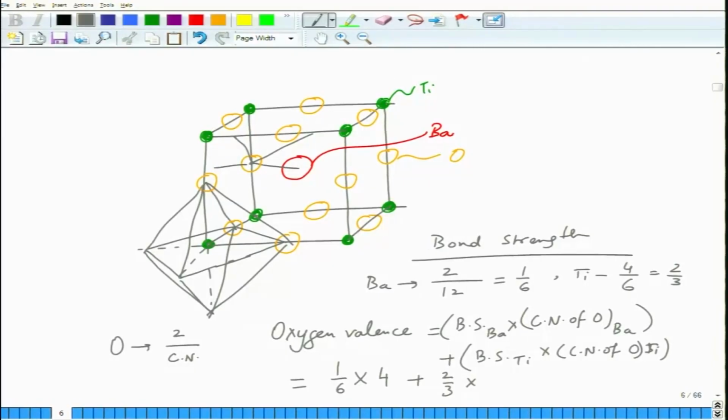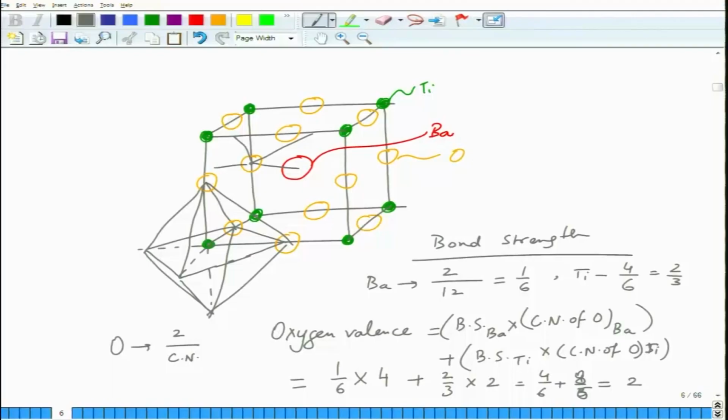This is oxygen, one on this side, one on that side, only 2, right? Is that right? So this is 4 by 6 plus 4 by 3, which is nothing but 8 by 6. So this becomes 2, and oxygen valence is 2. So it does follow the rule of bond strength, because it gives you the same valence.